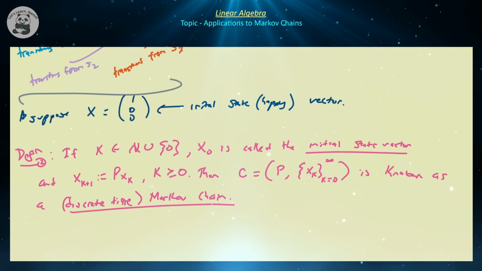And the only reason that it's discrete time is because we're assuming that k belongs to this discrete, countably infinite step.